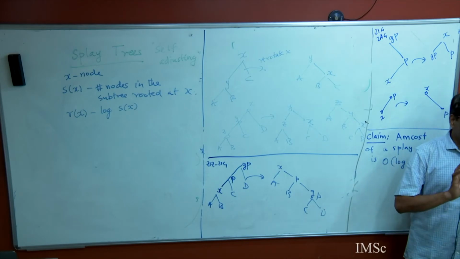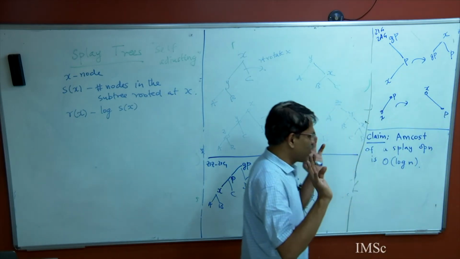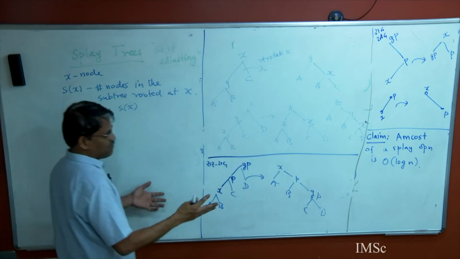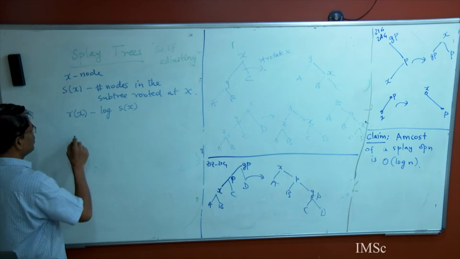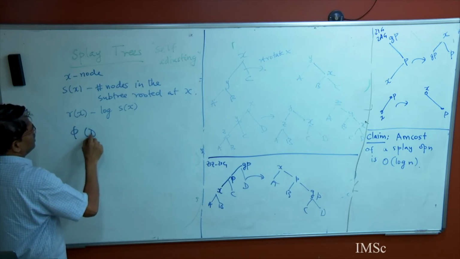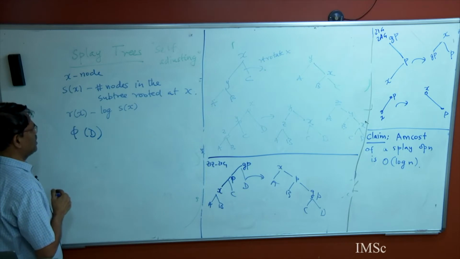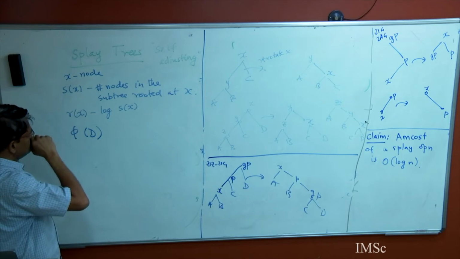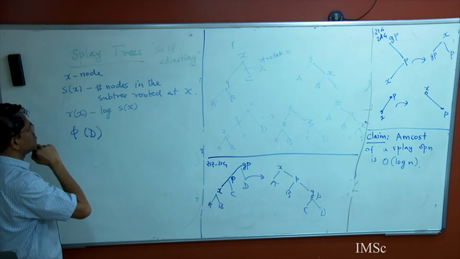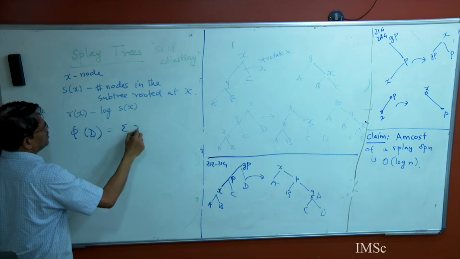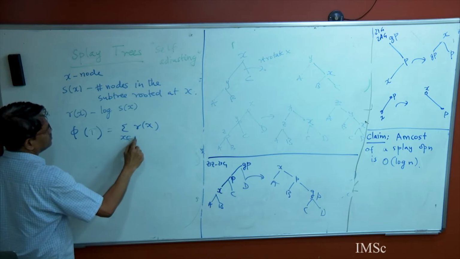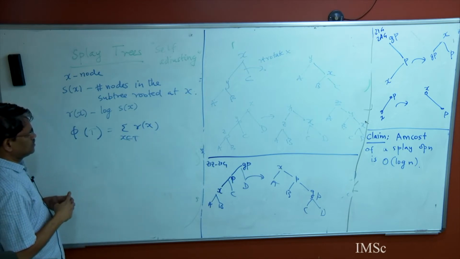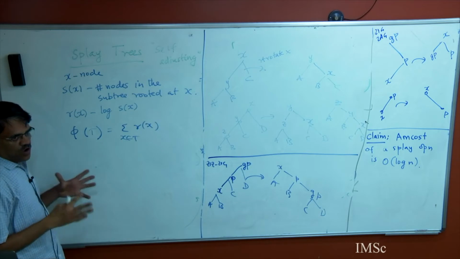I have been threatening you that the potential sometimes may not have any real meaning, and here is an example where people are still trying to understand this potential. The potential of my data structure, this binary search tree, is the summation of R of x, that's the sum of the logs of the sizes.